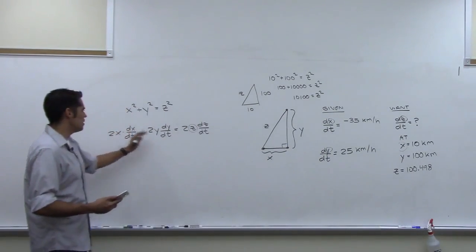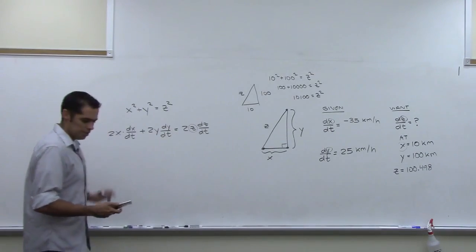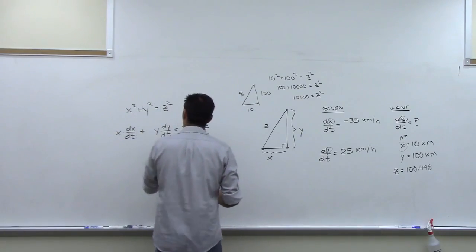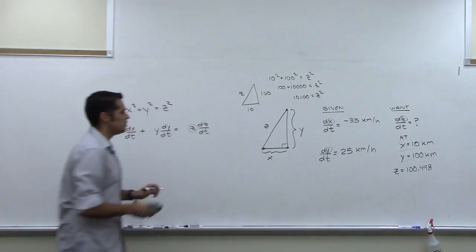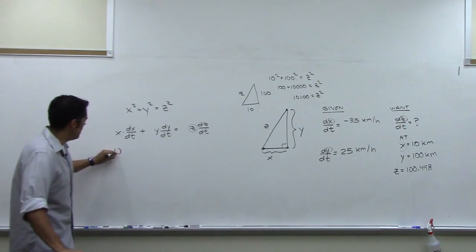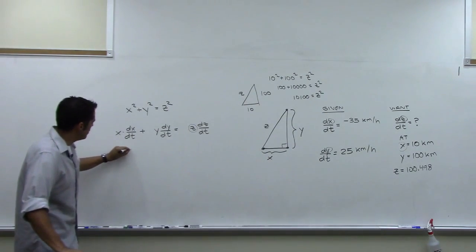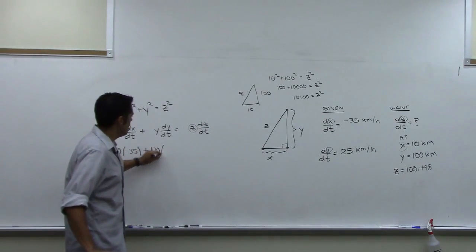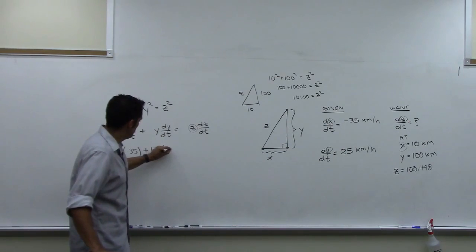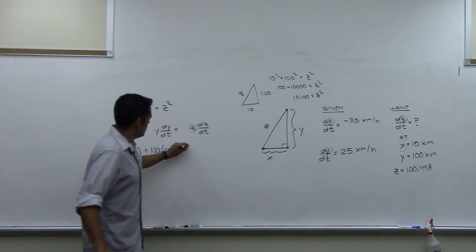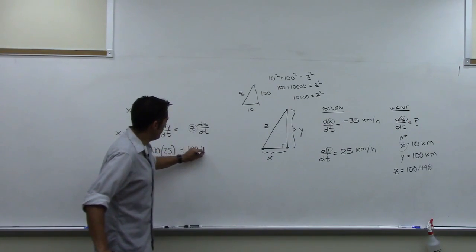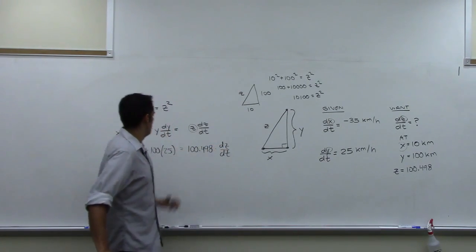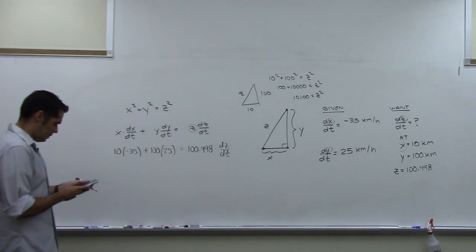So now I just plug in. Also notice there's a 2 here, 2 here, 2 here. I could divide both sides by 2. That'll just make my computation a little bit easier. This is gone, that's gone, that's gone. And so I have 10, which is x, times dx/dt, which is negative 35, plus y, which is 100, times dy/dt, which is 25, equals z, which is 100.498, and then dz/dt. So let me compute this.